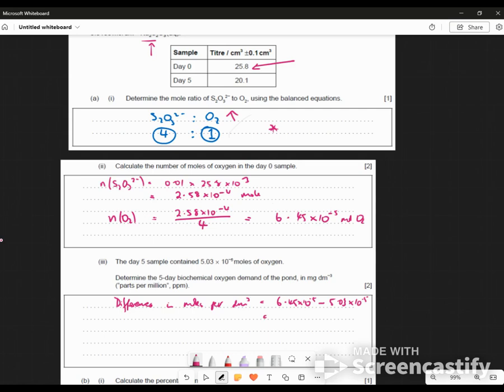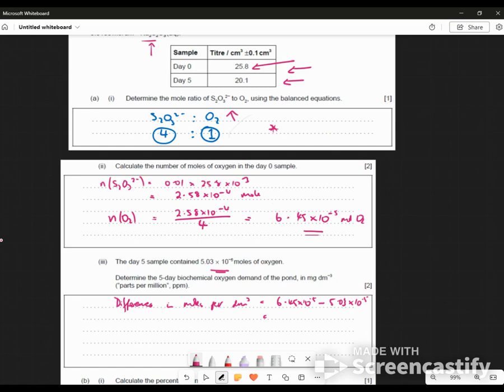In other words, the difference between these two. We've worked this one out and it's given us this one. So this is the number of moles of oxygen in day 1. This is the number of moles of oxygen in day 5. So obviously it's that minus that. So that's the difference in moles.